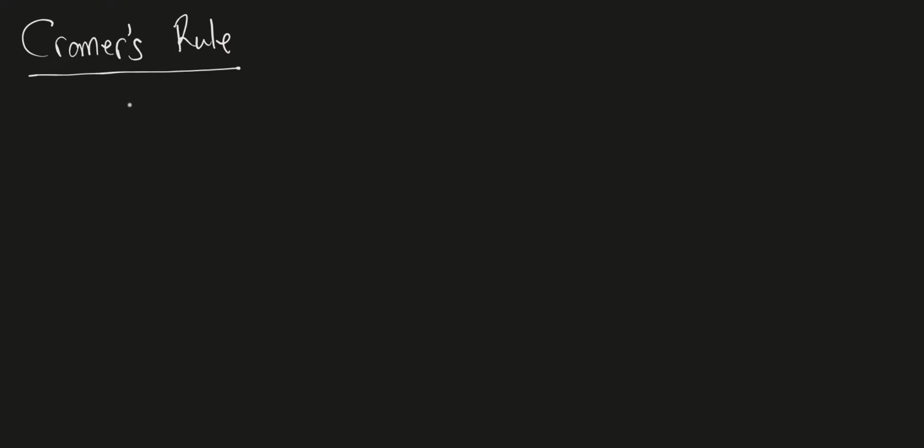A linear system, and let's just look at the two equation, two variable case. But what I'm going to do is not write down a system where we have specific numbers for the coefficients, but instead just placeholders. So consider the system.